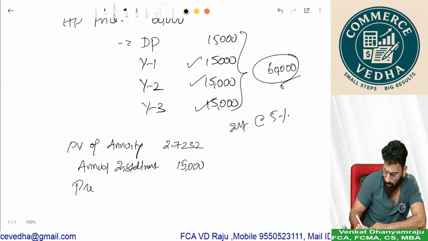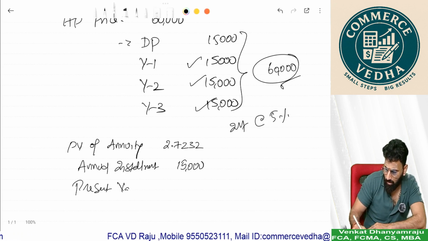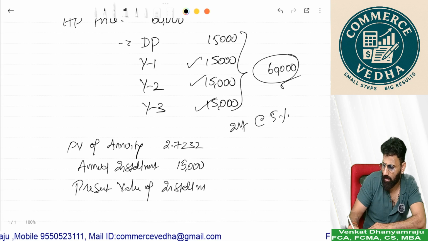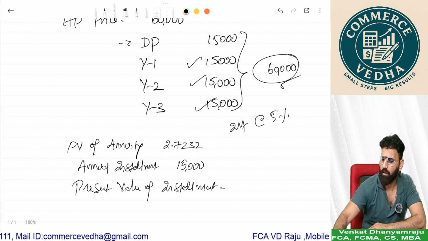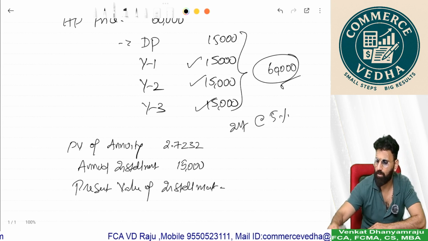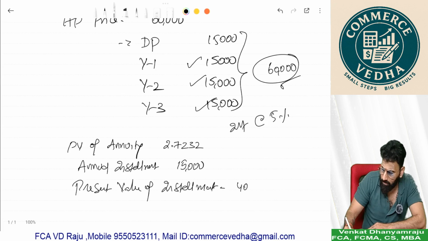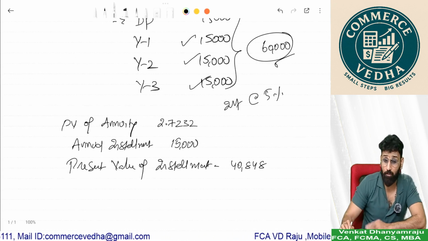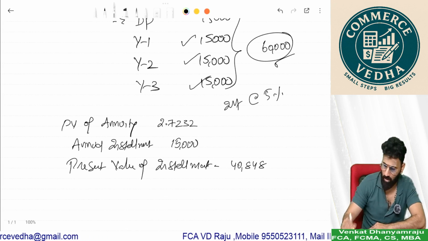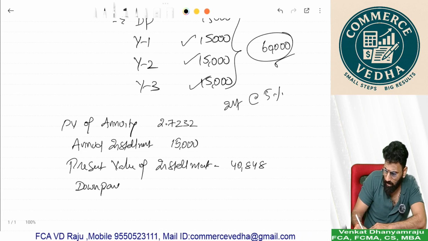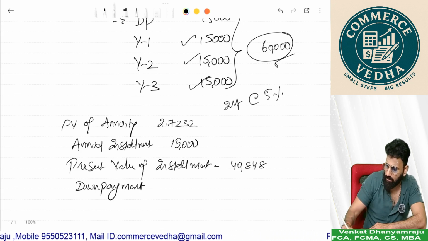Present value of installment is 15,000 into 2.7232, which is 40,848. Present value excluding interest. Now the down payment is 15,000.